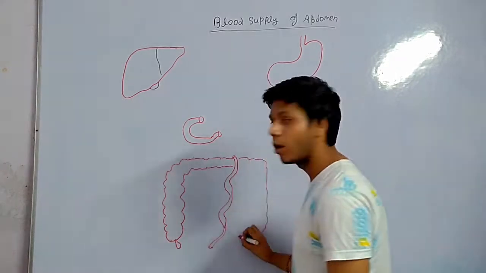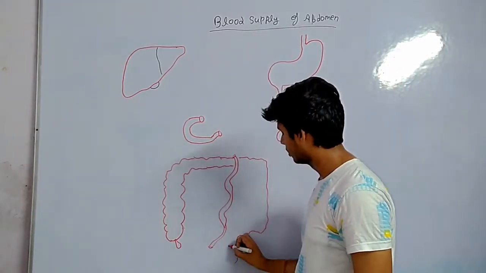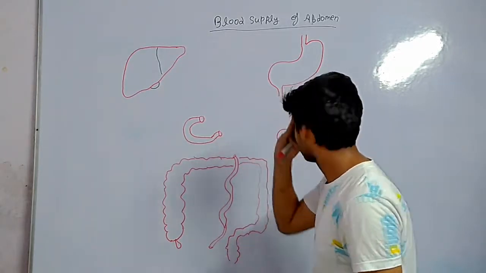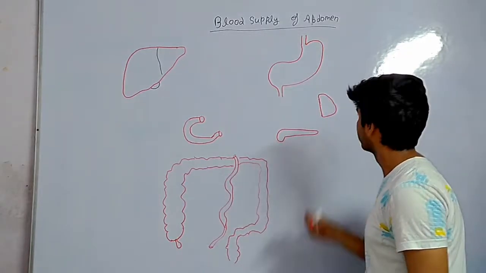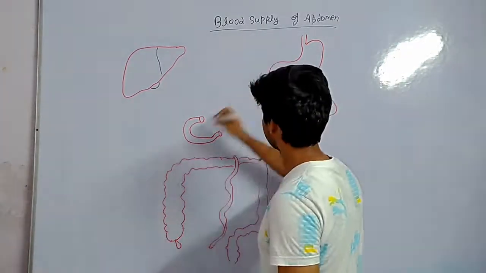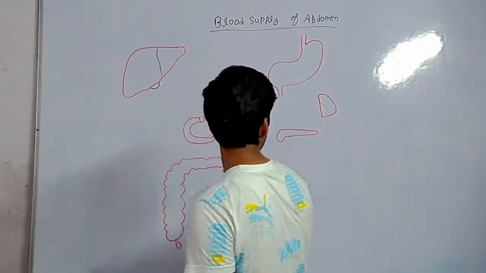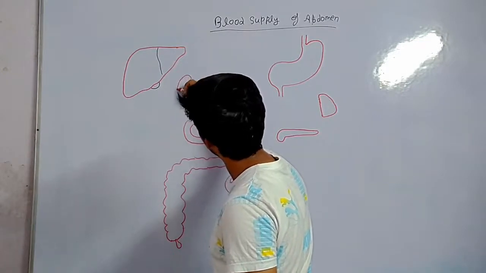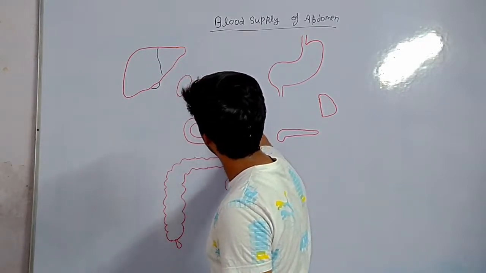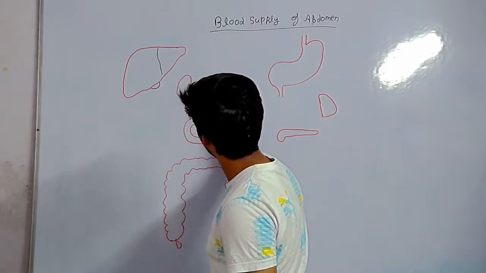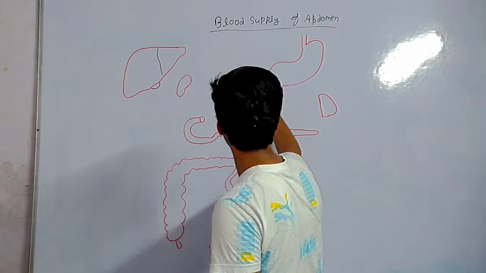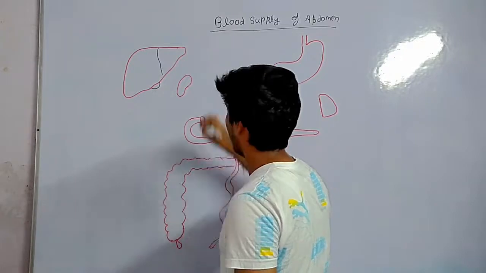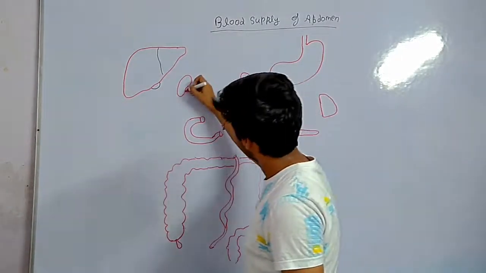Then the sigmoid colon, then the rectum last, and after the rectum the anus. This is the rectum. And again some important organs, the kidneys, are also present, left kidney and right kidney. And the ureter is also present.